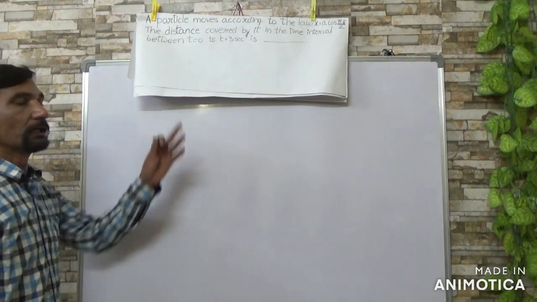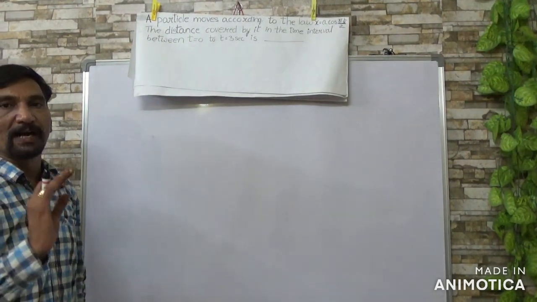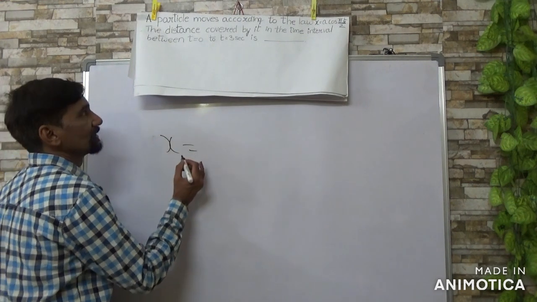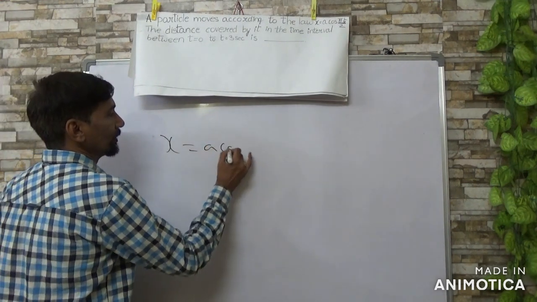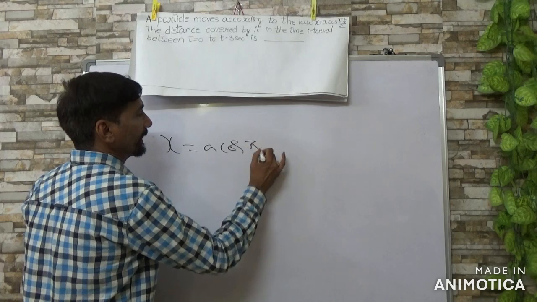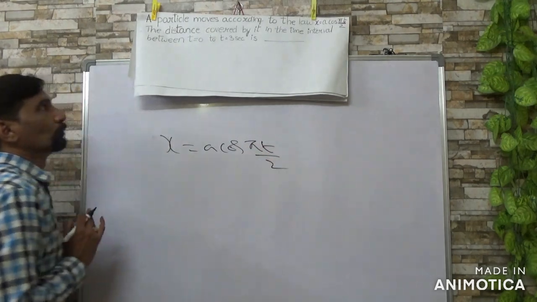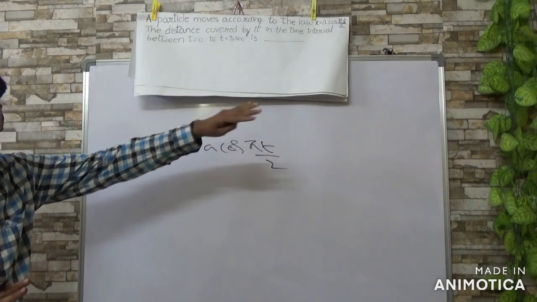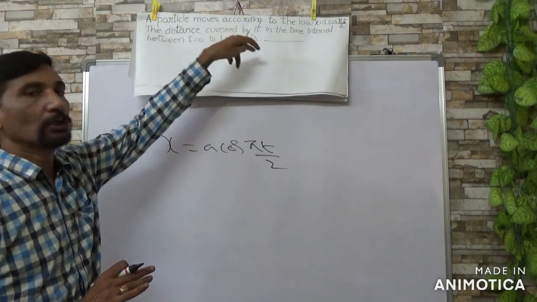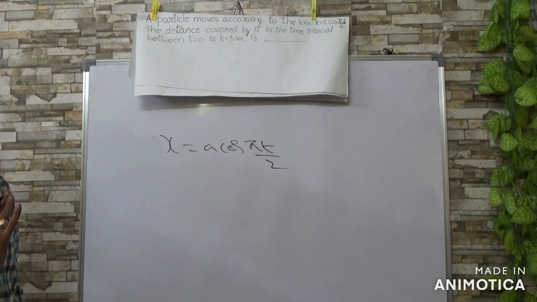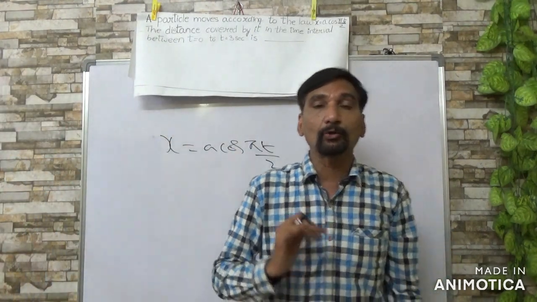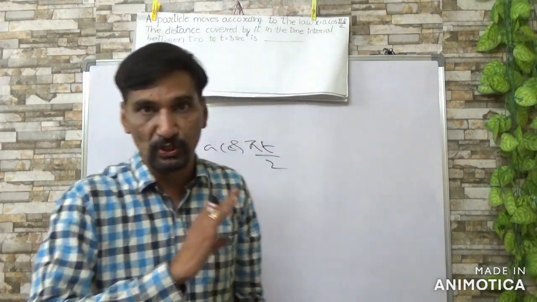Now about the next problem. There is one particle executing SHM. Its displacement is given as x equal to a cos pi t by 2. You want to know the distance traveled by the particle from 0 seconds to 3 seconds. First of all you should know how much time it will take to complete one oscillation.